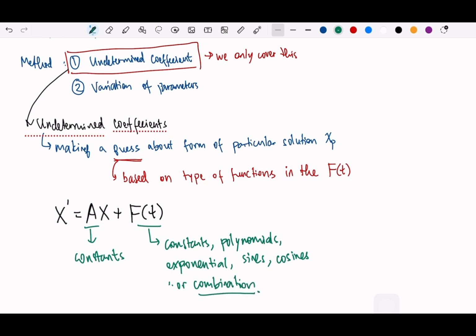It can be a product of these functions. It can also be finite sums of all of these.